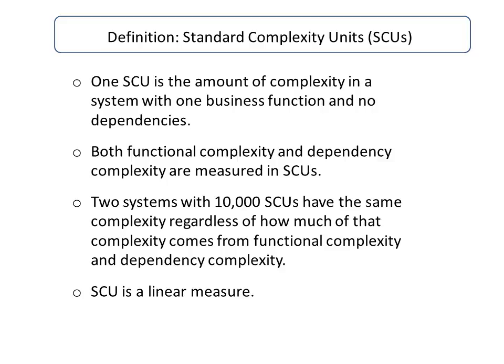Although the relationship between functionality or dependencies for that matter and SCUs is exponential, in other words, the SCUs go up much faster than the number of functions or the number of dependencies goes up, the SCUs themselves are linear. We'll talk much more about this later, so don't worry too much about it now. I just want to give you an introduction to some of the things that we use when we're trying to measure complexity in systems.